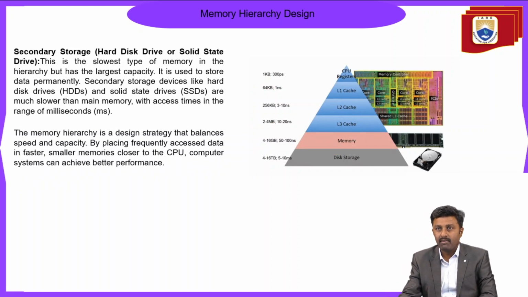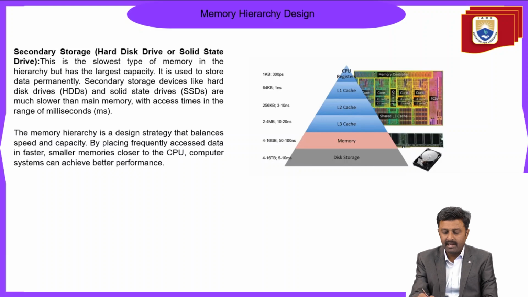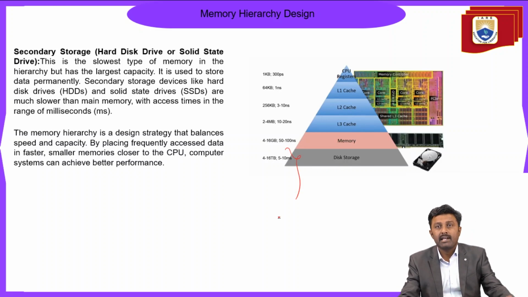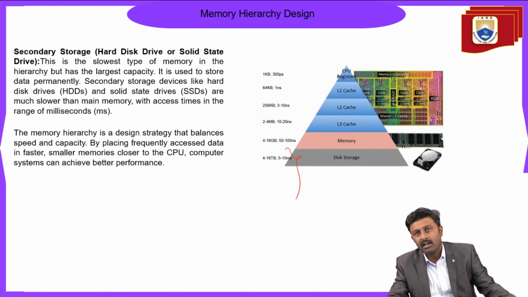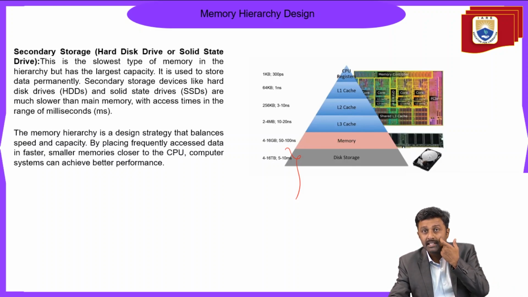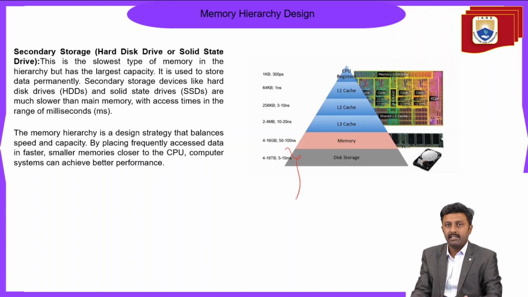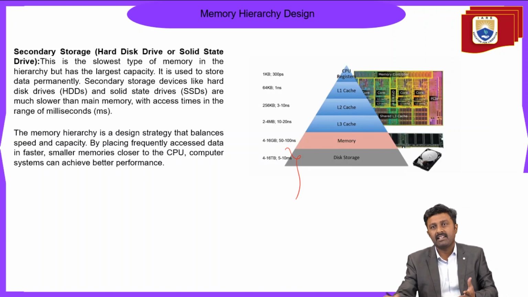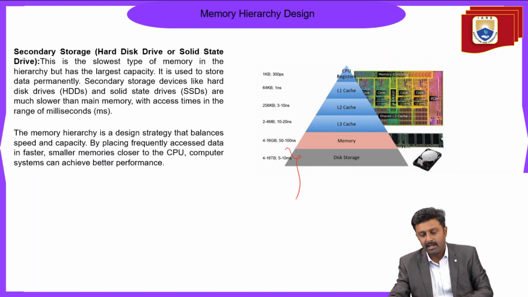Then the next levels of memory are the secondary levels, that is disk storage and other types of memory, which have more capacity to store but are slower. Hard disk drives and solid state devices are much slower than the main memory, with access times in the range of milliseconds. So the memory hierarchy is a design strategy that balances speed and capacity.